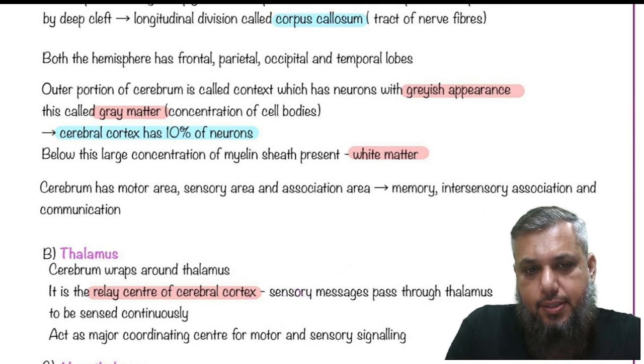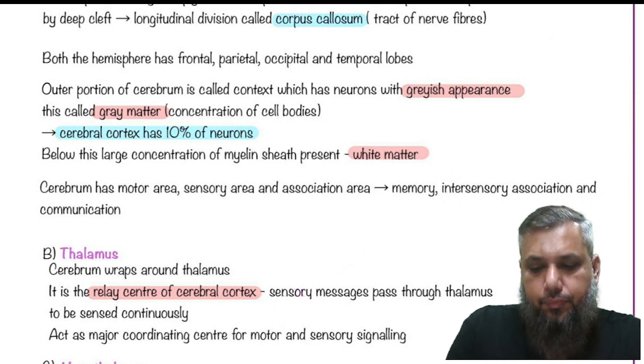So that is why the NCERT says that the association areas are neither clearly sensory nor clearly motor.